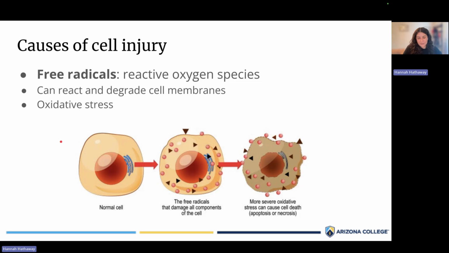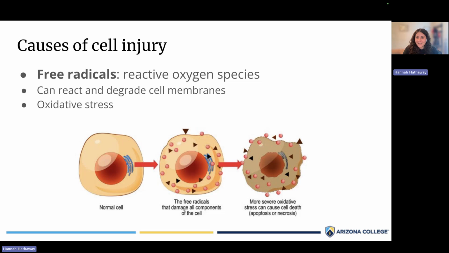So for example, the specific types of problems that free radicals and these reactive oxygen species can cause is they tend to especially bind to lipids within the cell membrane. And when that happens, it actually causes those molecules to interact with each other in a different way that makes the cell membrane less good at being a barrier. So it's going to cause the cell membrane to kind of fall apart and degrade.